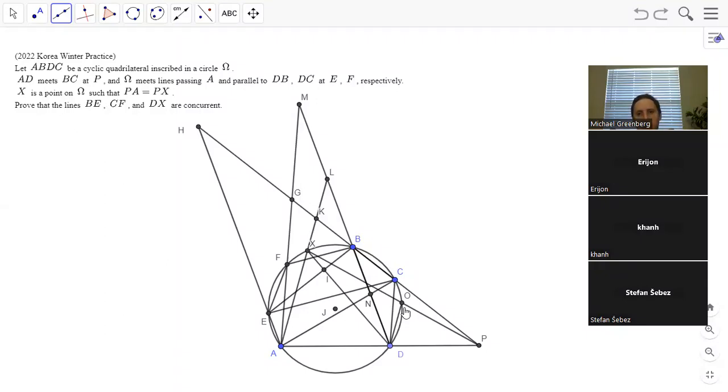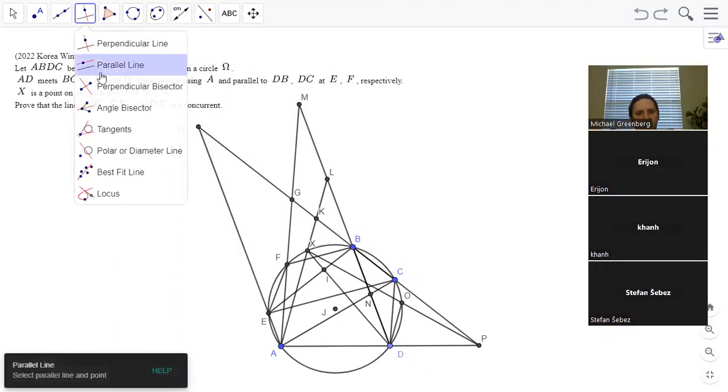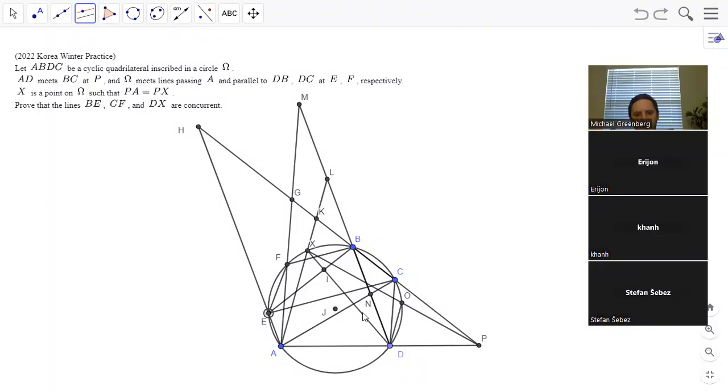Let's think about this. What if I project E through these points? I want to draw a parallel to DX.